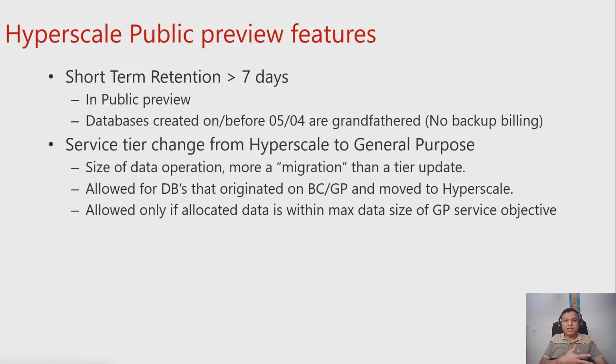So if you migrate a database from these tiers to hyperscale, you can come back to the general purpose tier only when it is below 4 terabytes, which is the max limit of the general purpose tier. And I think there's a time limit of 45 days in which you can come back to a tier other than hyperscale if you have done the migration.